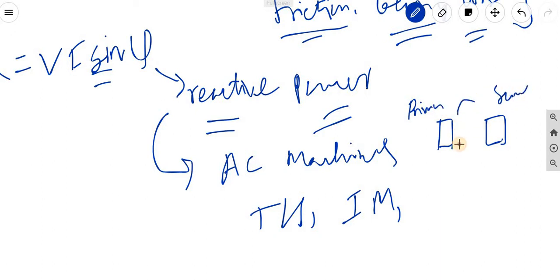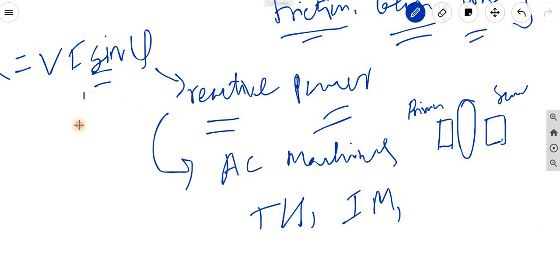There is no connection between primary and secondary in a transformer, so what is required? You have to link the primary and secondary with a magnetic link, where the changing magnetic field will link the secondary circuit.